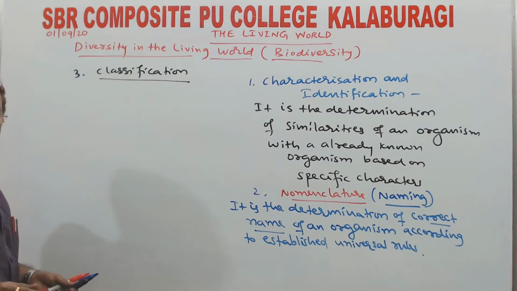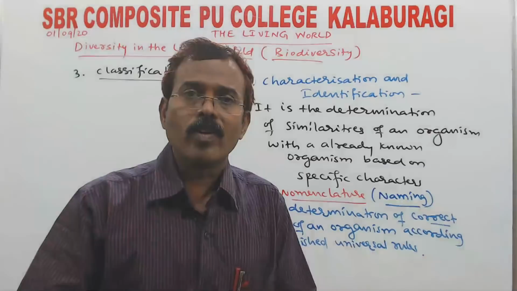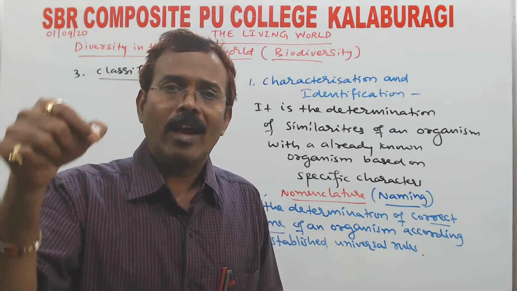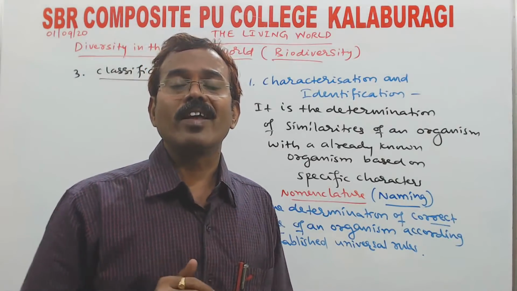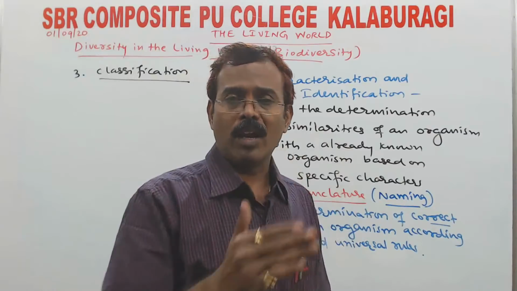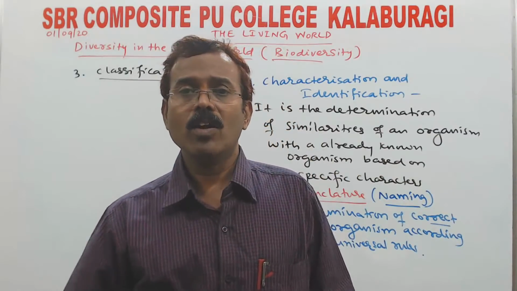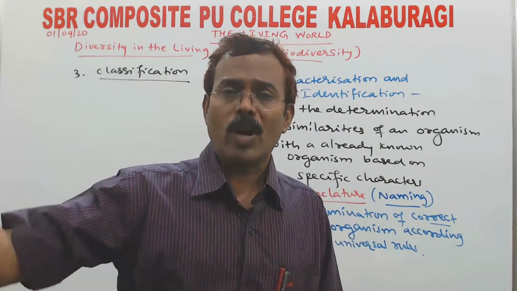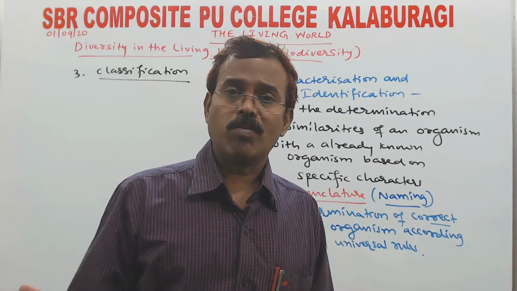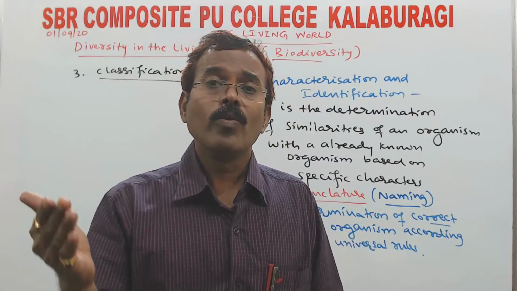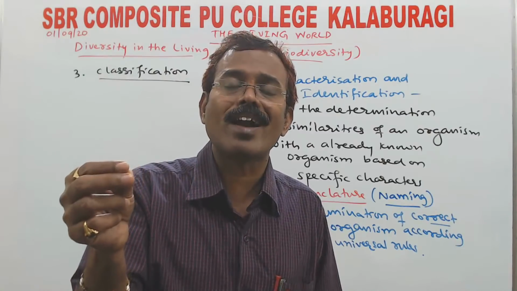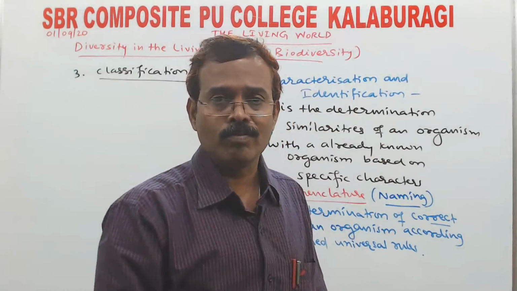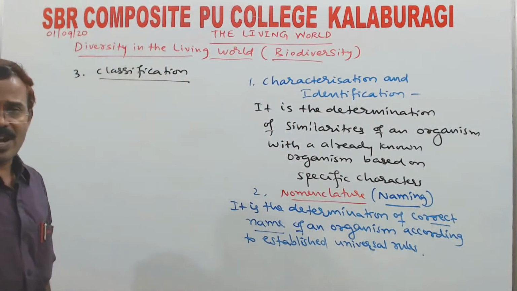We have to group the newly identified named plant or animal or organism into convenient category, whether it belongs to mammal, aves, amphibian, whether it belongs to angiosperms, bryophyte or pteridophyte, whether it belongs to dicots or monocot. So we have to place that newly identified and named organism into convenient category. That we call classification.